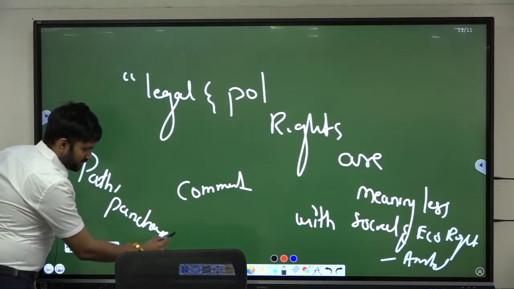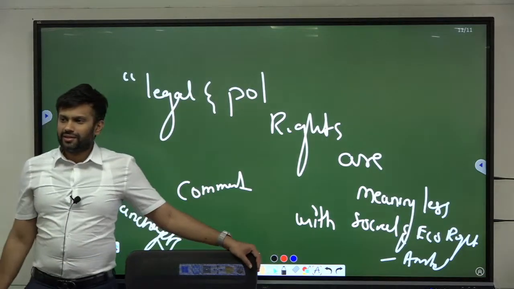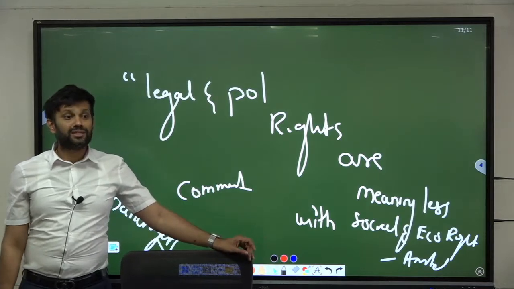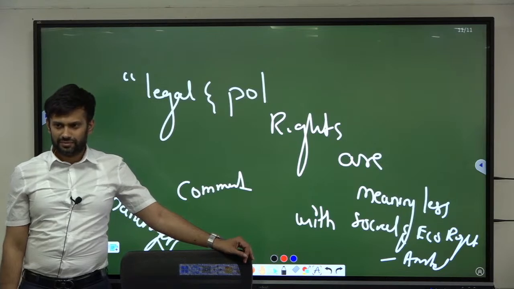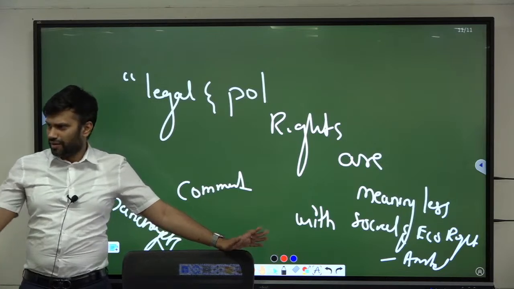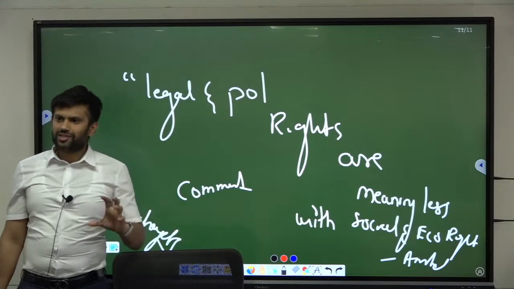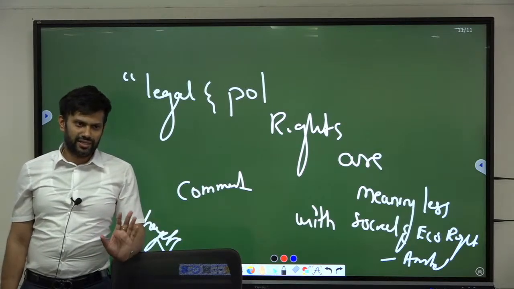What are pati panchayats? The husbands run the show, and the women are just symbolic, rubber stamps. They do have a legal right, but it does not make any difference. Why? Because our society is still patriarchal in nature.